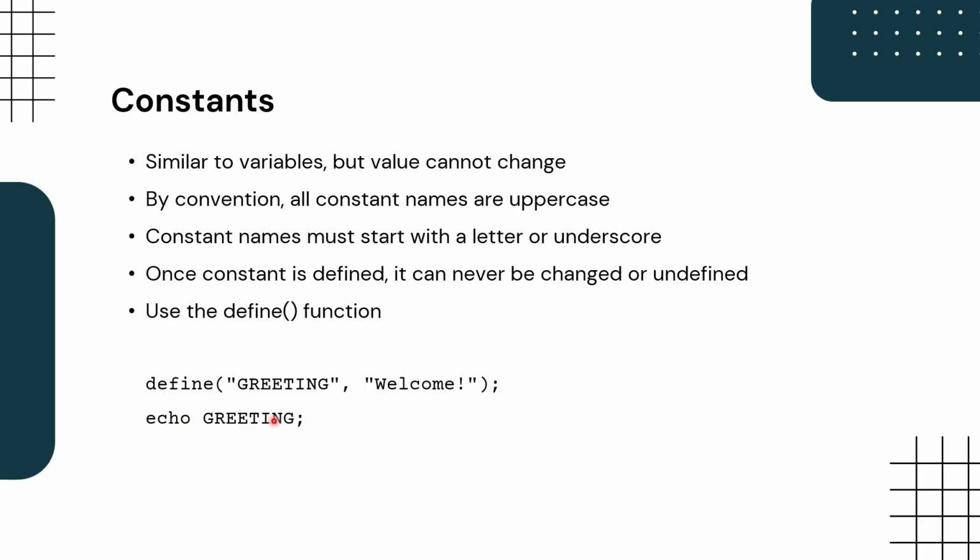And then here we're printing out the value of that constant. Constants are often used for configuration values. Some things I want you to remember: by convention, all constant names are uppercase, and they must start with a letter or an underscore. And again, once a constant is defined, it can't be changed or undefined.